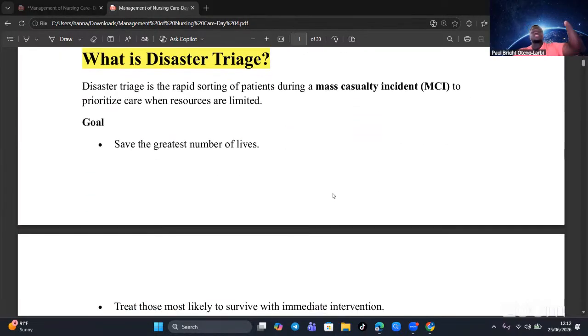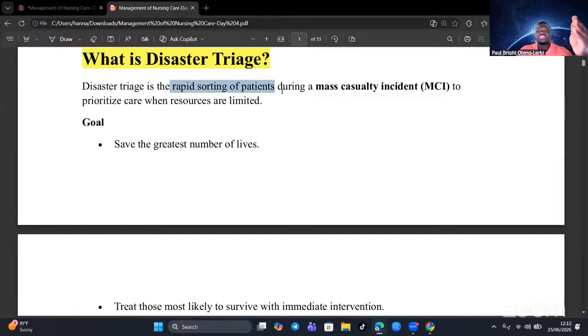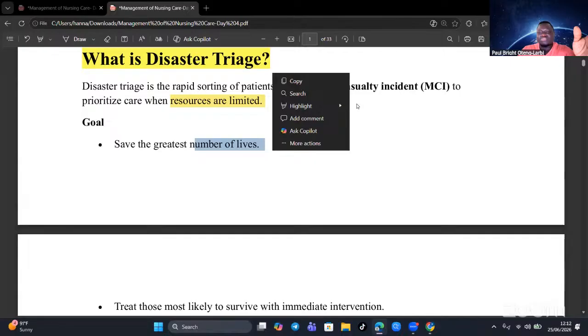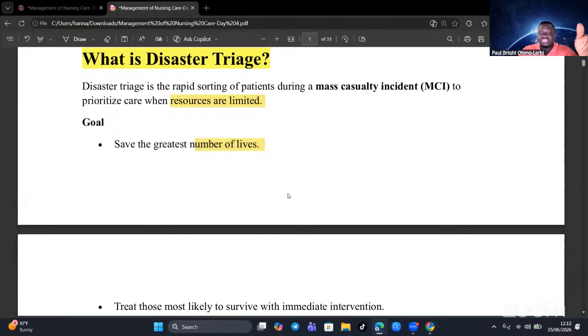So let's go down. Disaster triage is a rapid sorting of patients during mass casualty incidents to prioritize cases when resources are limited. The goal here is to save the greatest number of lives, not to save family members and friends.